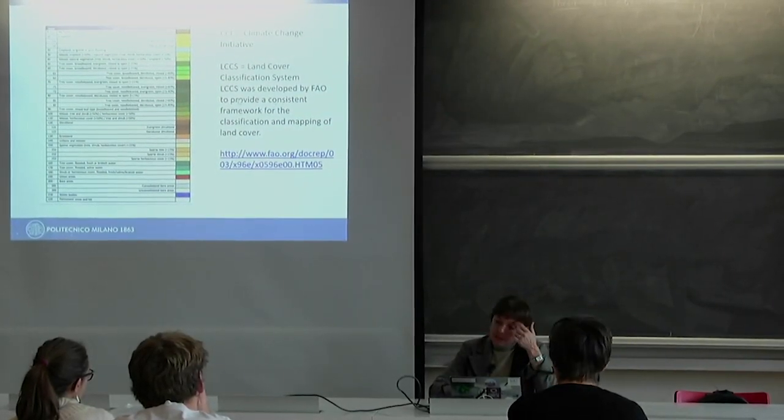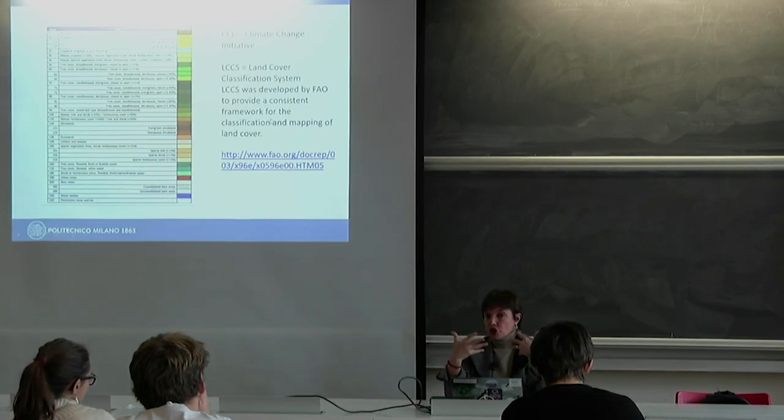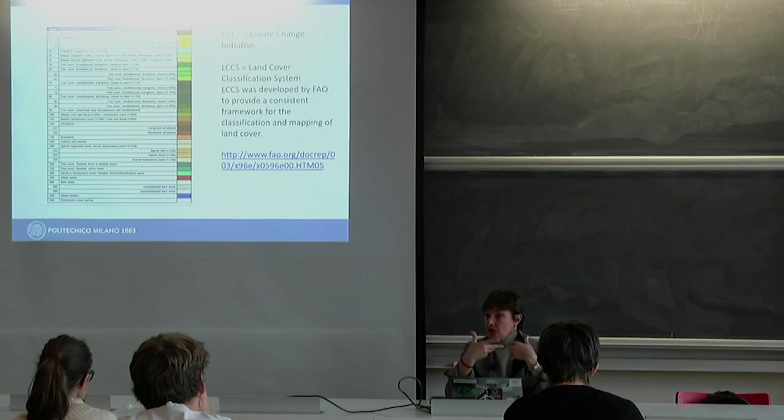And this system is a system allowing us to match the different categories of the land cover. You have to consider that there are many national land cover maps exactly as we saw with respect to many other kinds of topographic maps or database maps.